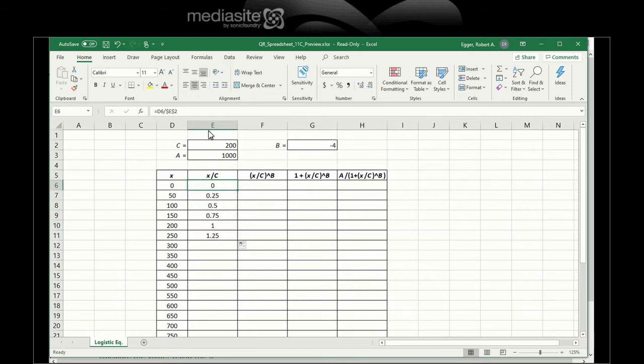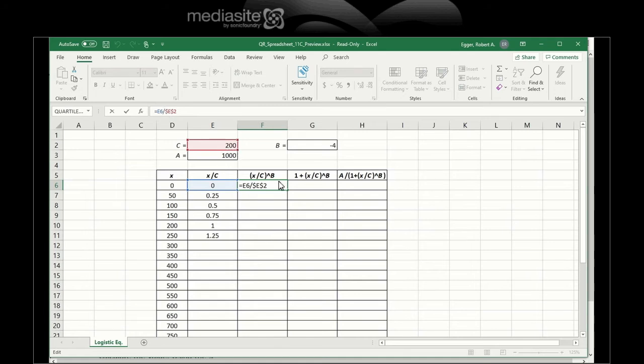Notice D2. Notice how that C is always highlighted. Still got C. Still doing C. I go this way. Nope.